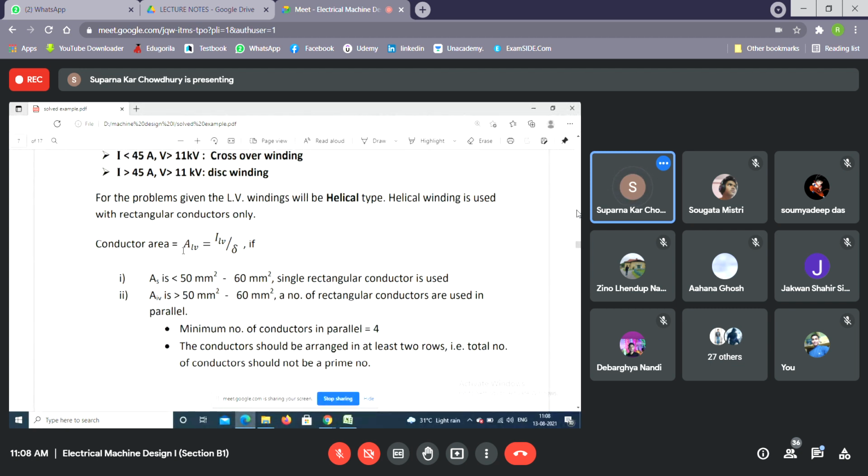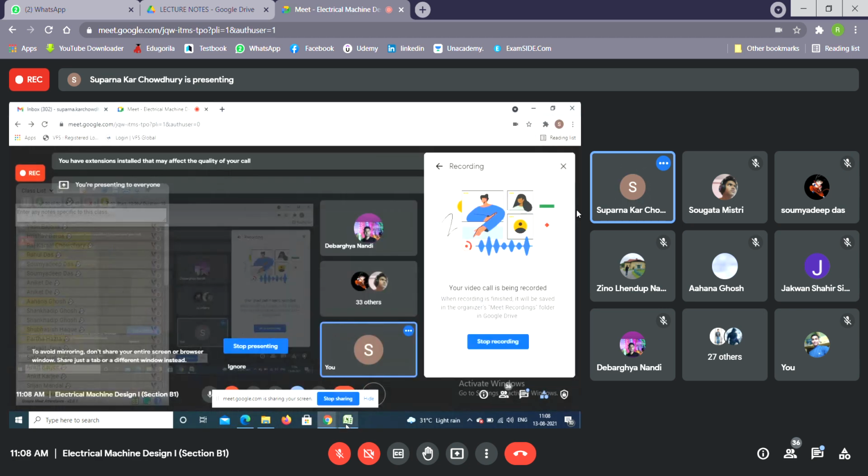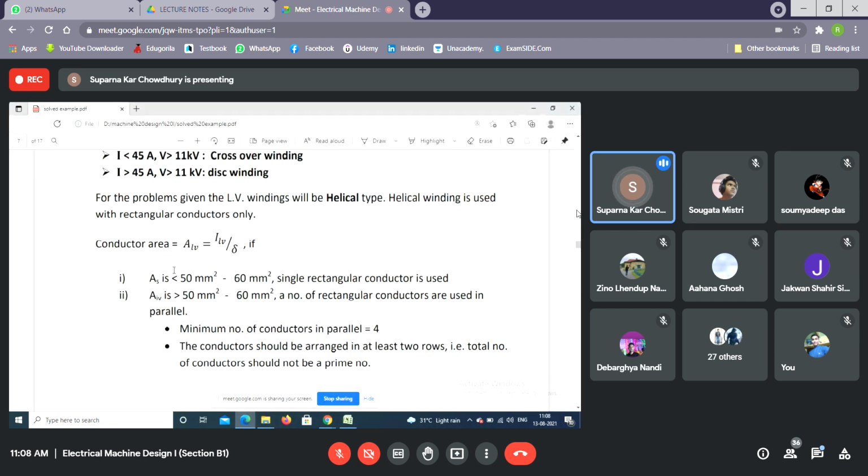Now, if the area calculated is within 50 to 60 millimeter square, then a single rectangular conductor is used.